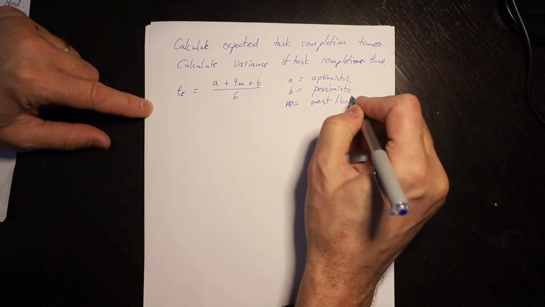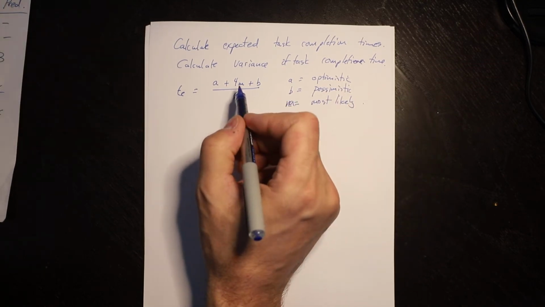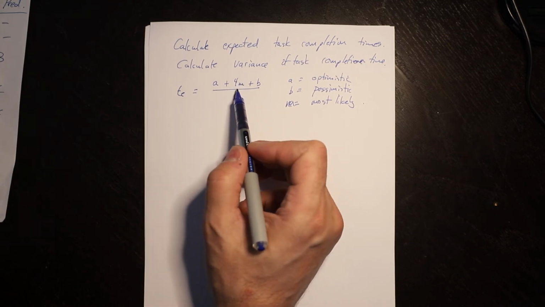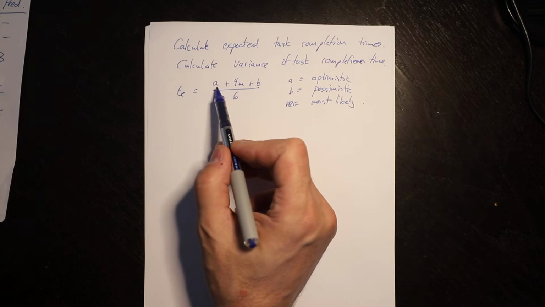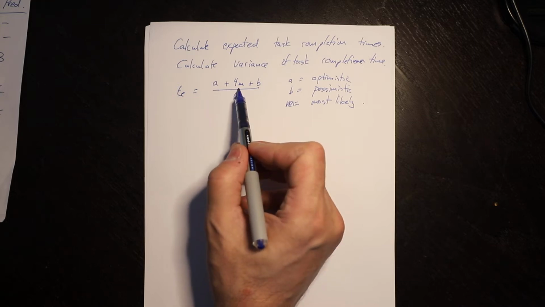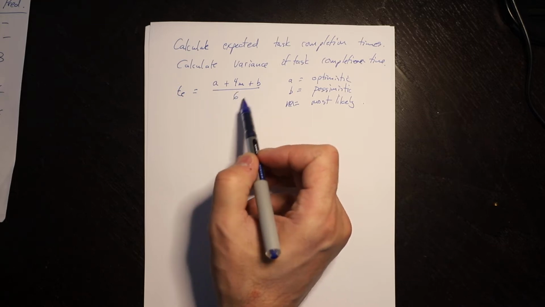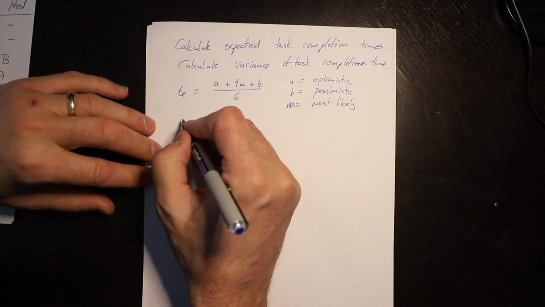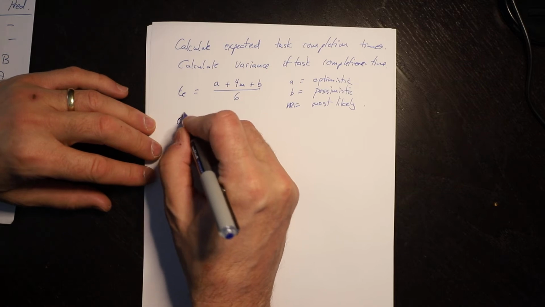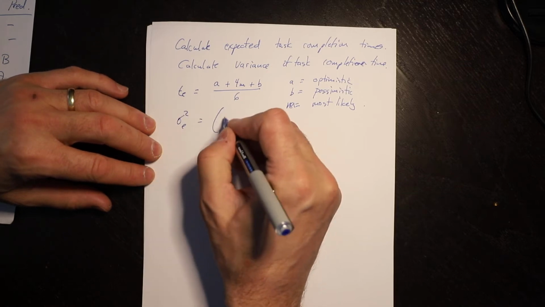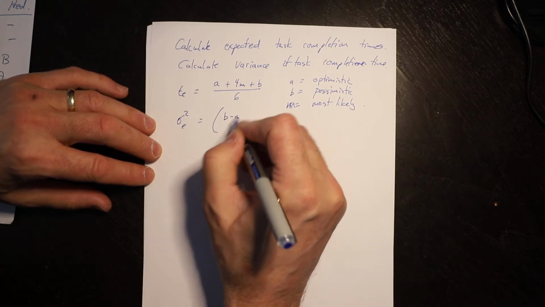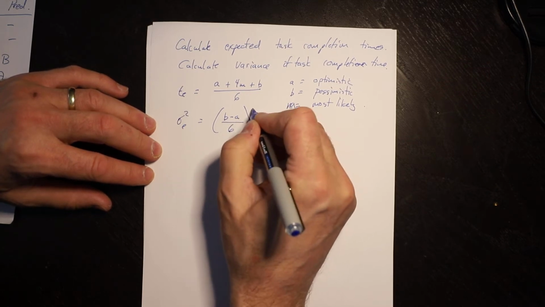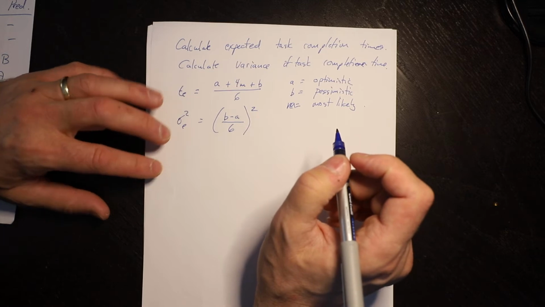So if you look at this formula, the expected completion time is a weighted average with the most weight going to the most likely. So you have 1 optimistic, 4 most likely, 1 pessimistic, divided by 6. It's a weighted average of those 3. And the variance of expected completion time is equal to (B minus A), so pessimistic minus optimistic, over 6, squared.